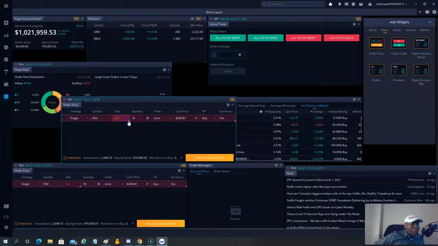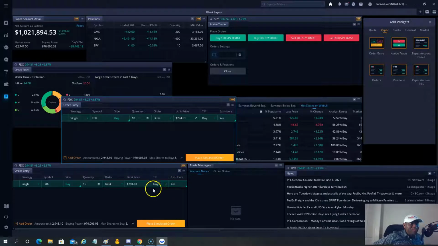Here I toggle, and if I want to short it, I'm going to be shorting it like this. I just did that order, just order entry, limit price of 294.81. This is good until, meaning for the duration of the day, including extended hours, I want this order to be true.